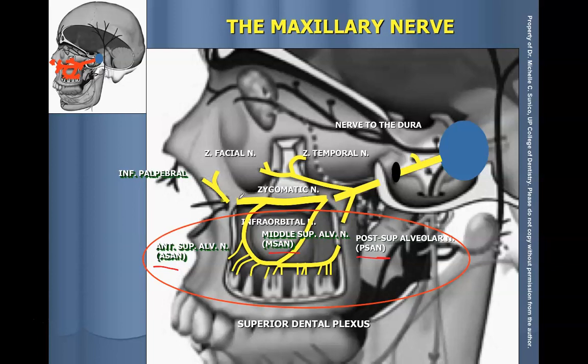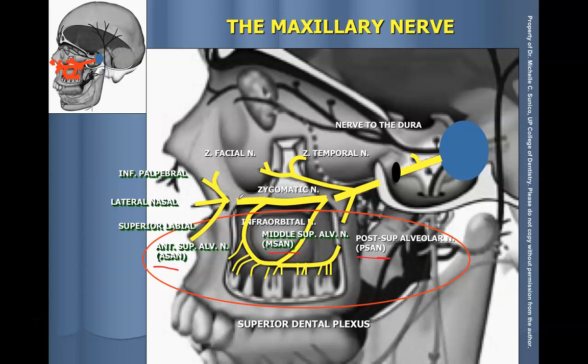Another terminal branch is the lateral nasal nerve, and it goes to the sides of the nose, so it is sensory to the sides of the nose. And the last terminal branch goes down, and this is the superior labial nerve. From the name, you can now make an intelligent guess that this is the nerve that is sensory to the upper lip.